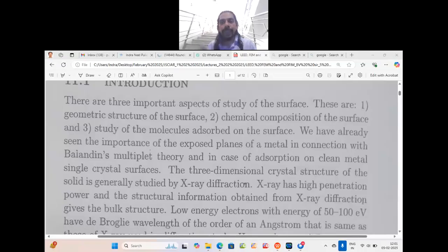Interface is the region of union of two different surfaces. Two different surfaces unite, and the narrow region of the union is called interface. So when we talk of surface, we are talking about only a single material. When we talk of interface, we are talking about two different materials coming together and forming a union.